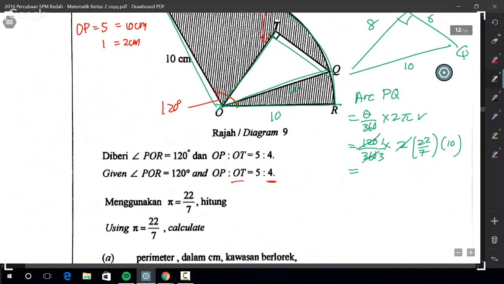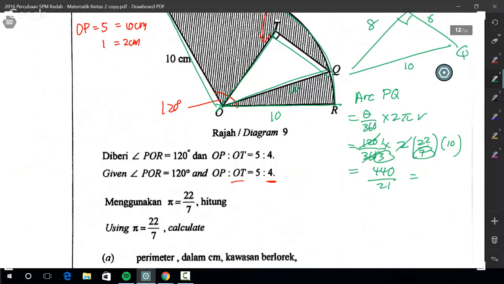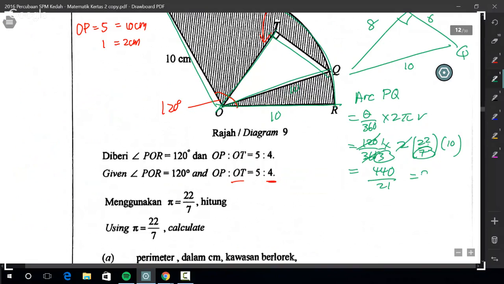Okay, cannot cut. 2 multiplied by 22 is 44, so it's 440. The bottom is 3 multiplied by 7, which is 21. So the arc length is 440 divided by 21, which is 20.95.